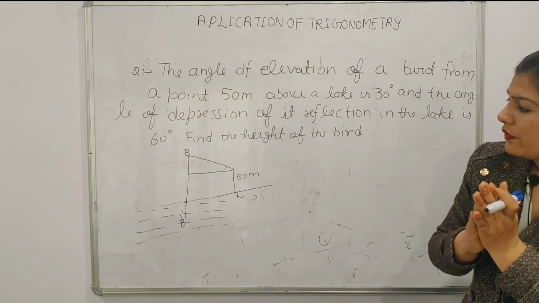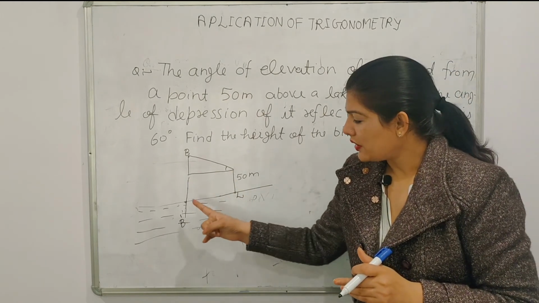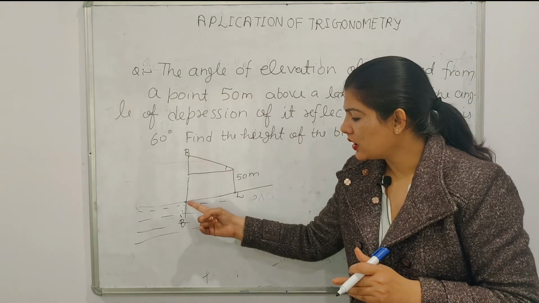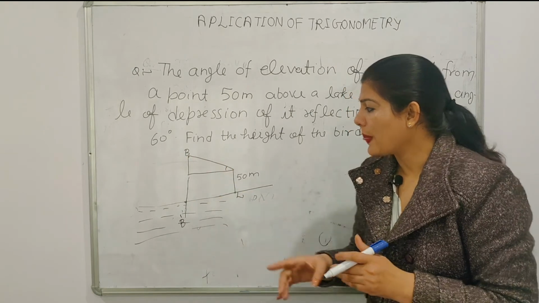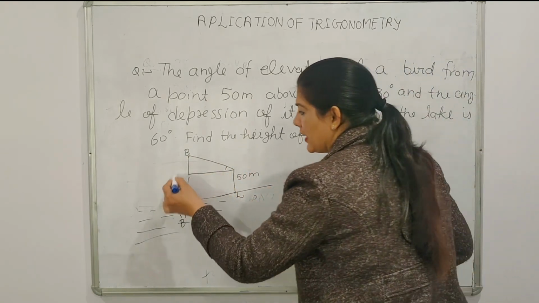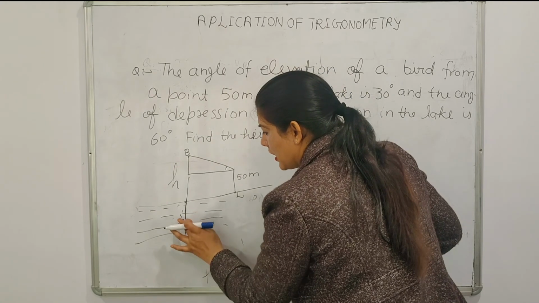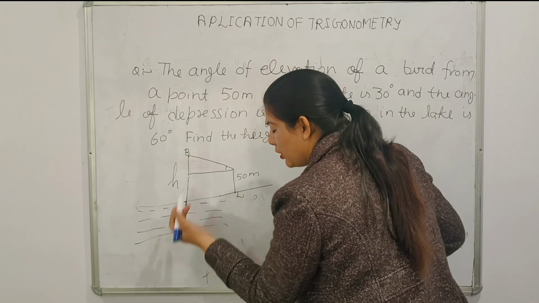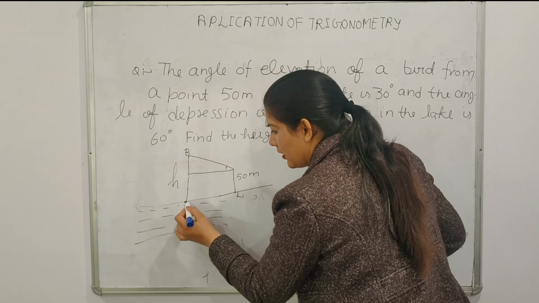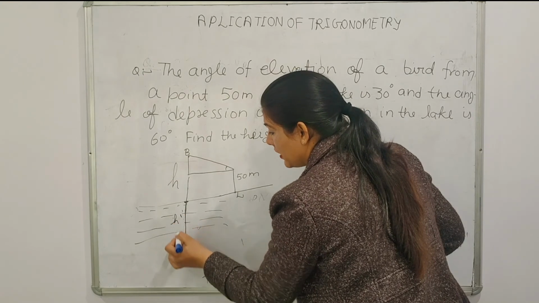So we should suppose the total height is h, and write the image point below the lake at depth h.